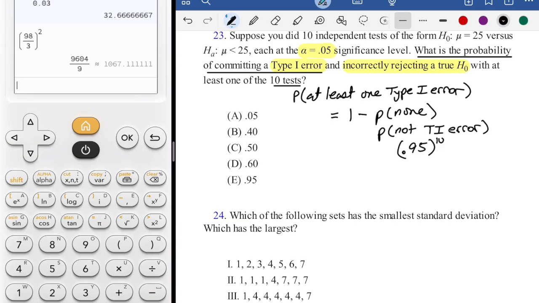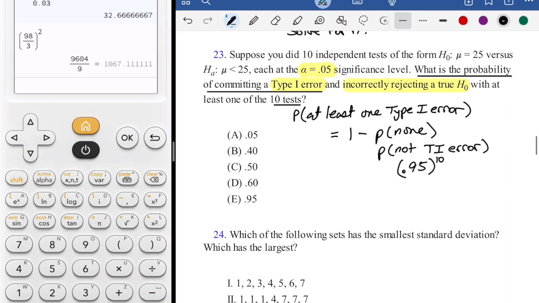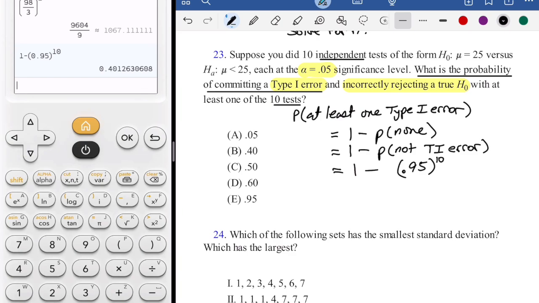Because it's happening 10 times, and they tell us that they're independent tests, it's 1 minus 0.95 to the 10th power. We're looking at something in the neighborhood of 0.4. So about 0.4, which would be choice B.